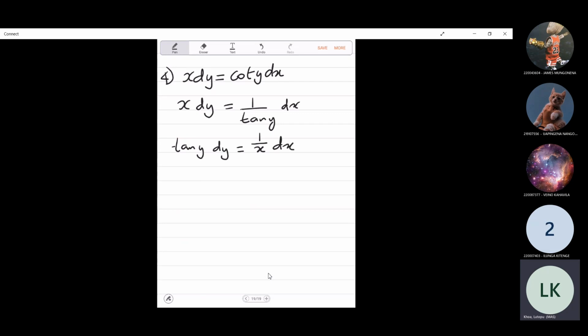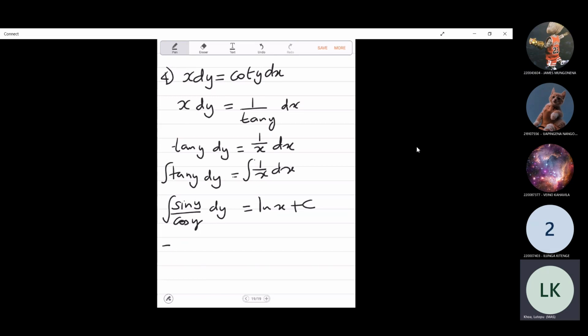So now I can just go ahead and integrate both sides. We integrate tan y with respect to y and integrate 1 over x with respect to x. The integral of tan y, as we know, we can rewrite as the integral of sine y over cos y dy, and on this side this is just ln of x plus my constant.